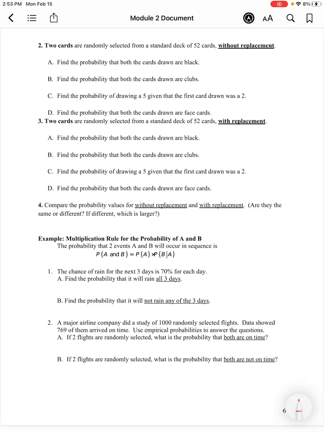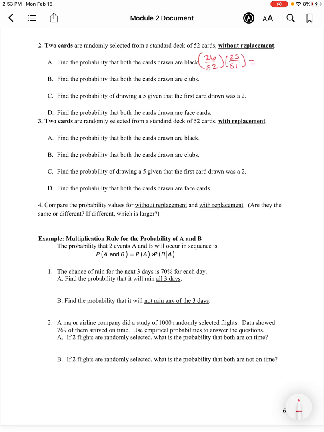Now we're going to look at drawing 2 cards without replacement. So the probability that both cards drawn are black, well, there are 26 of the 52 cards for the first one. And if you don't put that back, then there are 25 out of the 51 cards that are black for the second one.